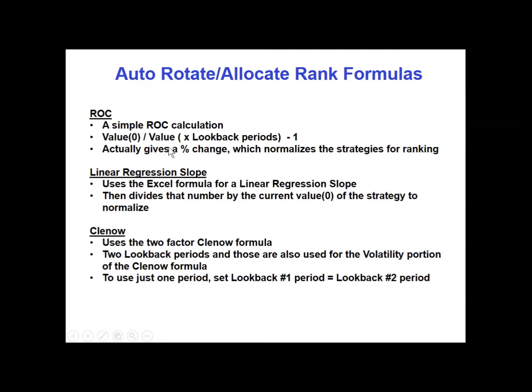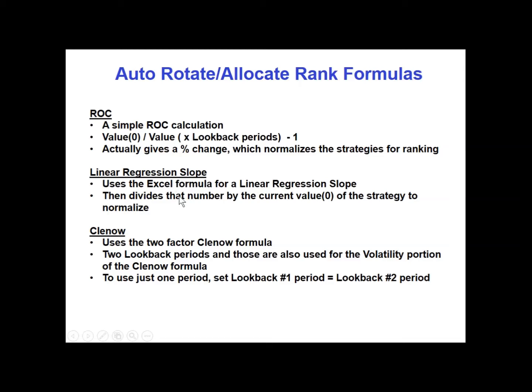The simple ROC is the value at the end divided by the value X look-back periods ago, minus 1. That gives you a percentage change, which is what we want. We are looking at relative momentum here, so we have to have a percentage. Using a percentage normalizes those strategies.